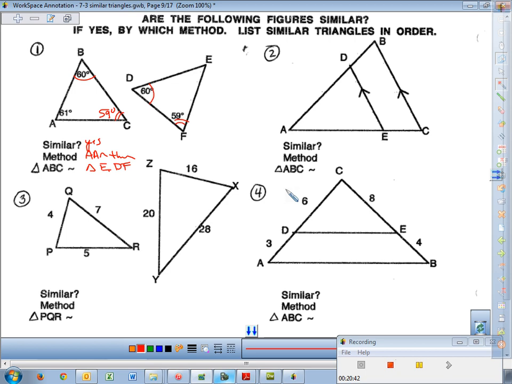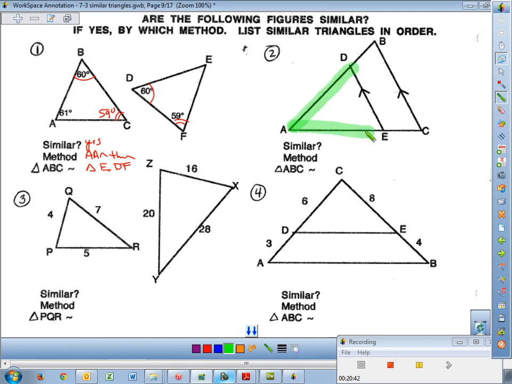Interesting. I have absolutely no side lengths. I have absolutely no angle measures provided to me. The other thing is, I will assume that we can at least see that this is one of the triangles they are talking about, correct? And please, please, please watch this. See this? Come on, please work.